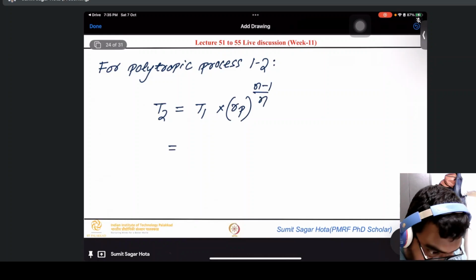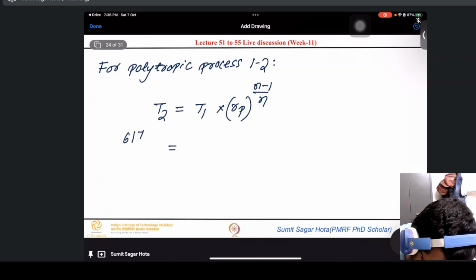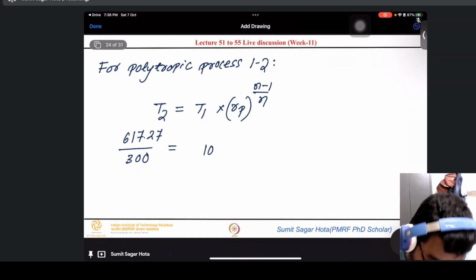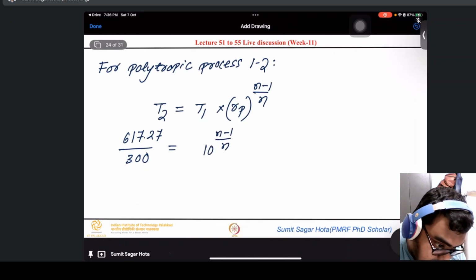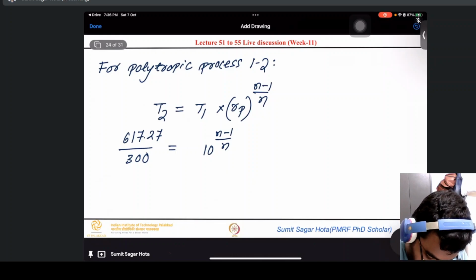So T2 by T1 directly, 617.27 divided by 300 equals 10 to the power n minus 1 by n. Take the logarithm ln on both sides.